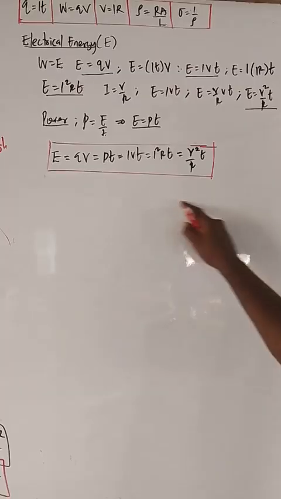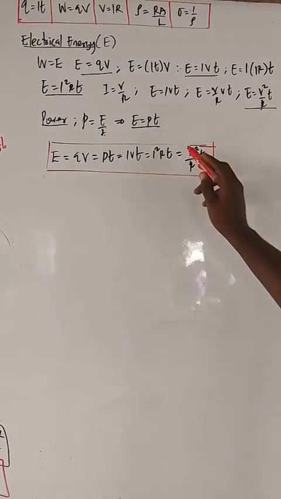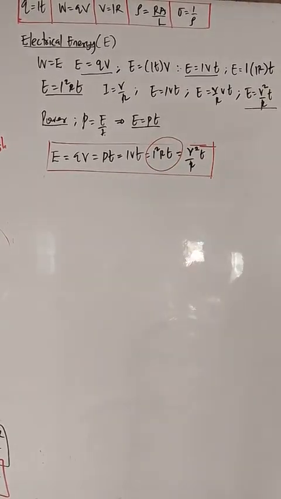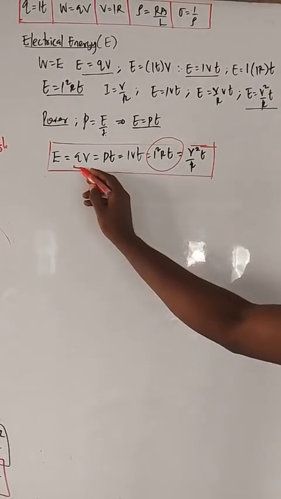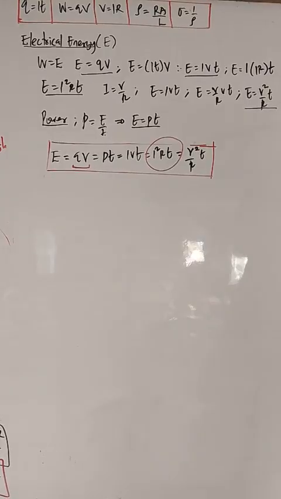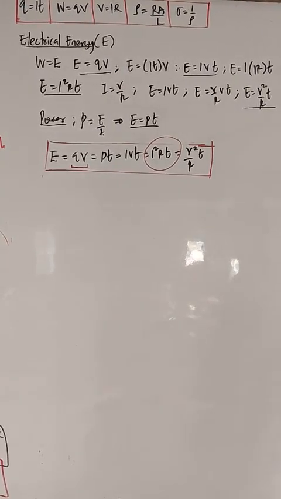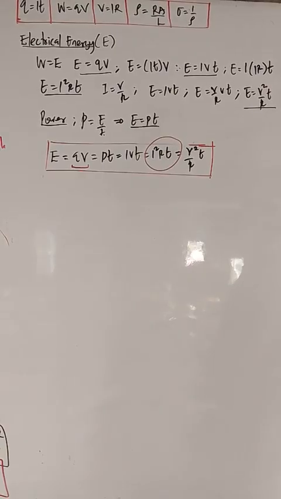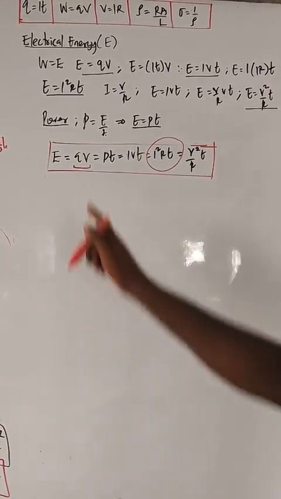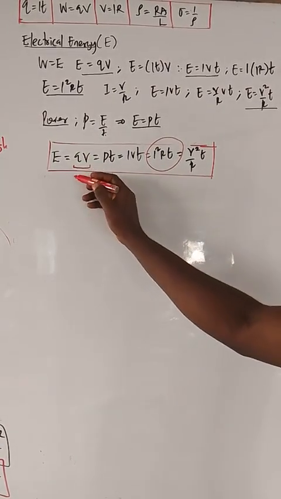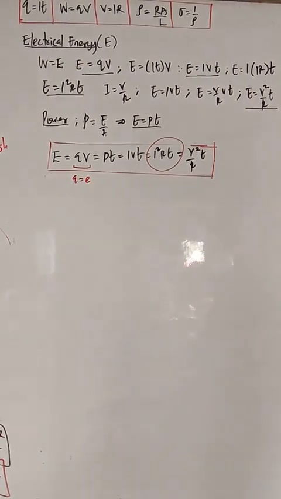All these forms are used, but the one we should focus more on is Joule's heat loss, because we can get some parameters directly. We are not going to deal with QV much until we get to atomic physics. When you are looking at physics at the microscopic level, we replace this quantity of charge with e, charge on an electron.